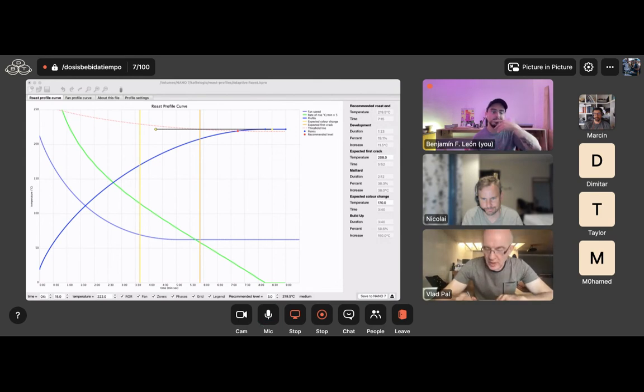Which ROR is your ideal ROR to enter first crack? It depends on the coffee, really. This sort of profile, as you said, is natural, fermented, high density. All right.